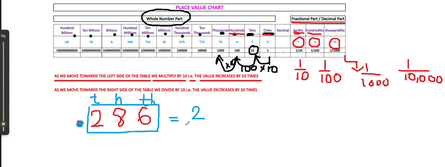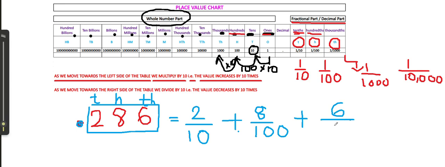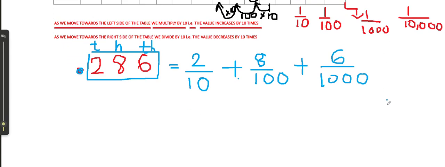So it is 2 over 10 plus 8 over 100 plus 6 over 1000. As we have discussed in the previous lesson, how to convert a fraction to a decimal.